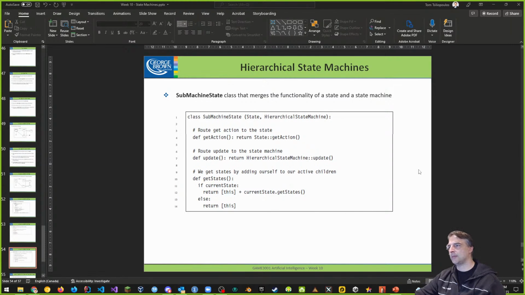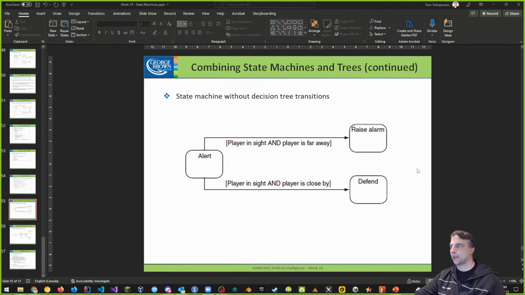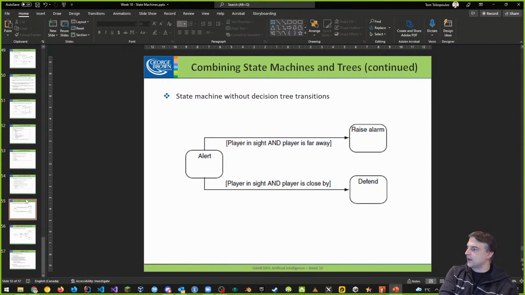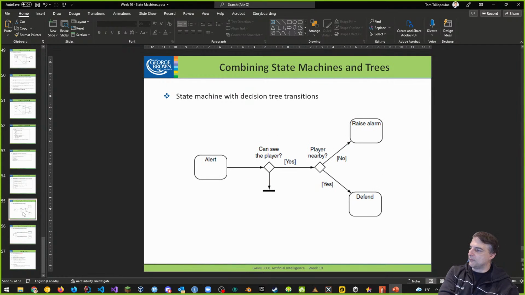And this is, again, a little bit more complex to think about than we've seen in the past. So here's a state machine without decision tree transitions, right? By the way, one thing that we want to do is combine, these are out of order. Sometimes we can combine state machines and decision trees together in one.